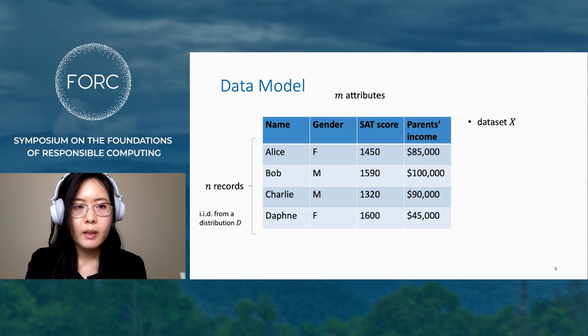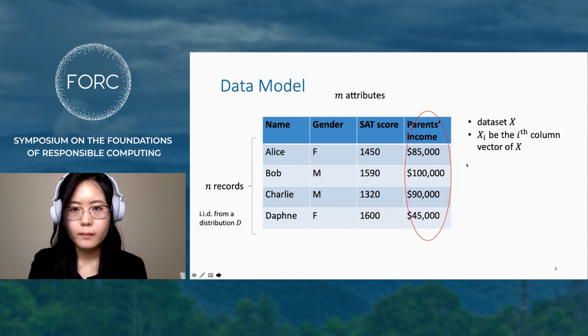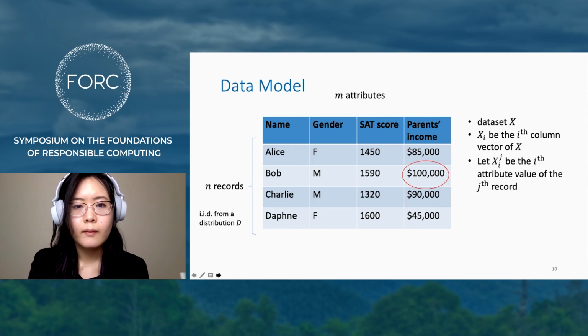We first introduce a data model for attribute privacy. A dataset X contains n records, each with m attributes, and each record is sampled i.i.d. from an unknown distribution D, where attributes within a record may be correlated. x_i is the ith column vector of X corresponding to the ith attribute, and x_ij is the ith attribute value of the jth record.